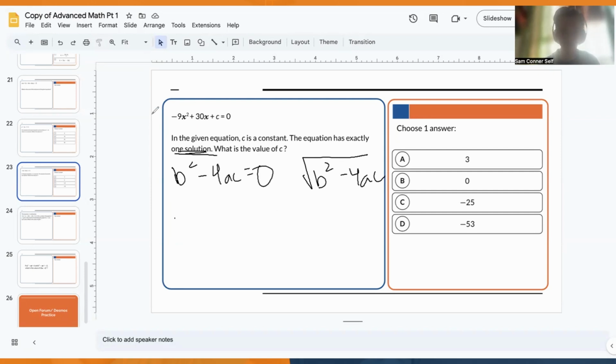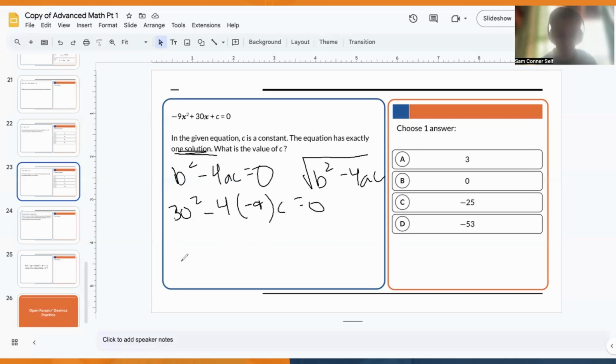And then we just plug in the values that they give us in this equation. And we're going to keep c because that's what they're asking us to find. So b is 30, so it's going to be 30 squared minus 4 times negative 9 times c is equal to 0.